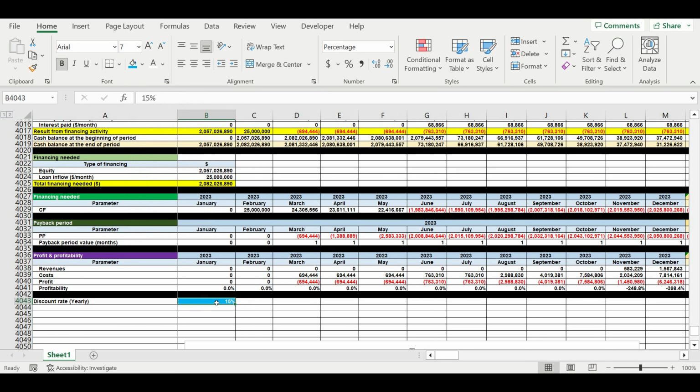Then we need to convert this discount rate from yearly to monthly value.